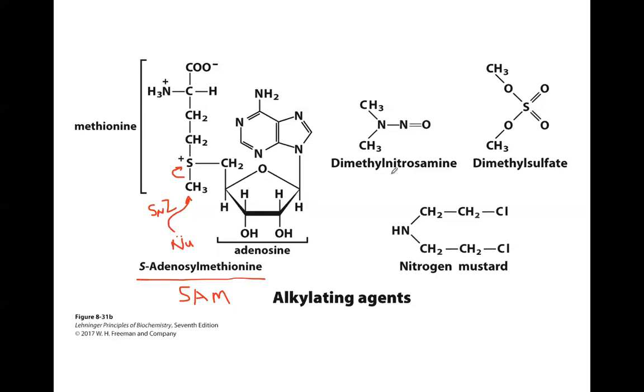So now there are a number of other alkylating agents. So these nitrosamines are highly carcinogenic. If you are in a lab and you see a jar or a bottle with nitrosamine, run away because that is a carcinogenic agent. The methyl sulfate, nitrogen mustard, also an alkylating agent.